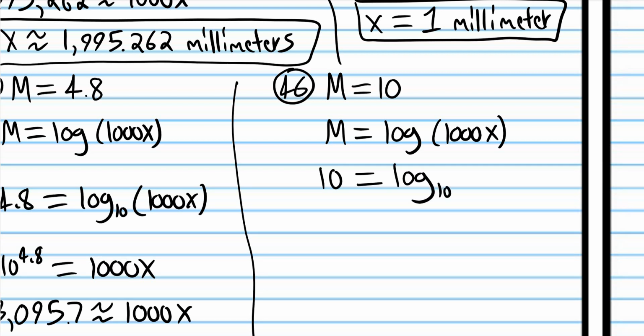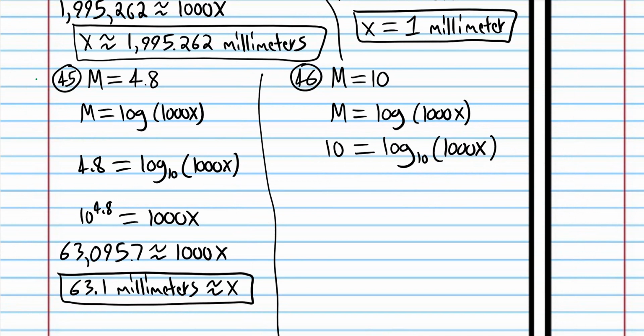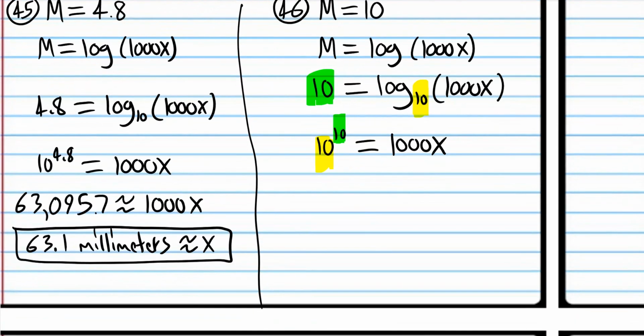We don't see a base on that logarithm, so we know it must be base 10. Translate to an exponential equation. The base goes there. Whatever the logarithm is equal to goes there. And so 10 to the 10th power, well, that's going to be a very large number.